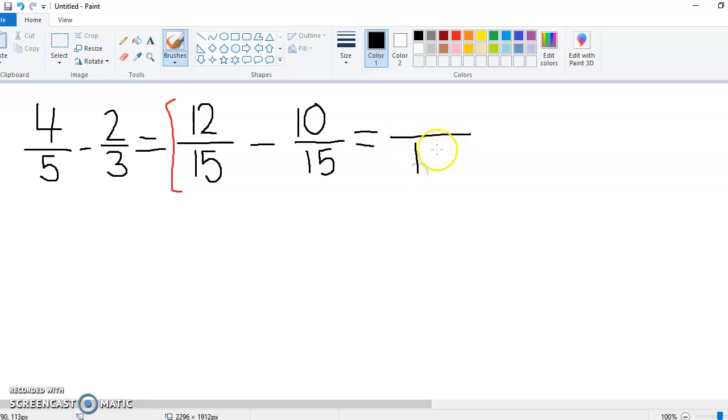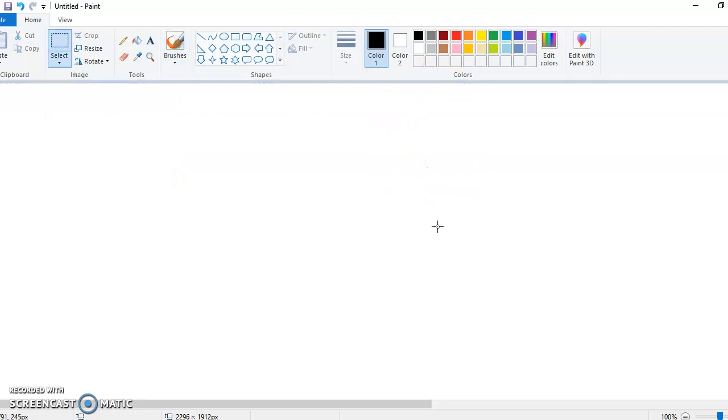It stays the same. That's why we had to find the ones that were the same. Otherwise I would have just done 5 minus 3, and that's not how you subtract fractions. Then 12 minus 10 is 2. I can't simplify that because the only thing I can divide into 2 would be 2, and 15 is not divisible by 2. So I know my answer is in simplest form, which would be 2/15 for that problem A.